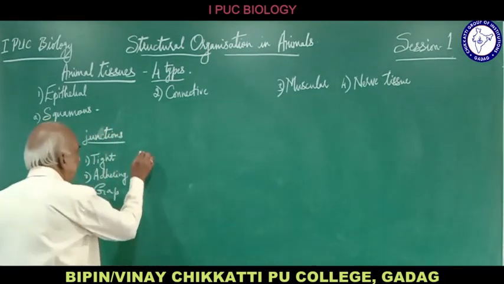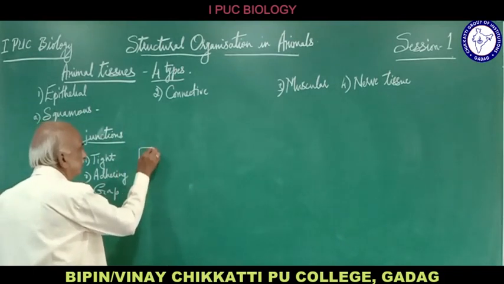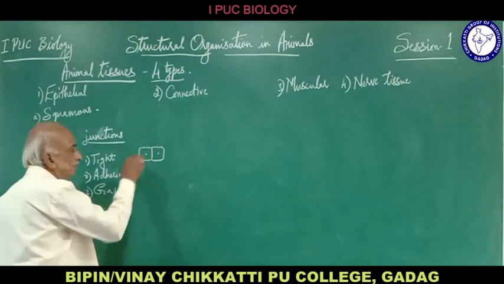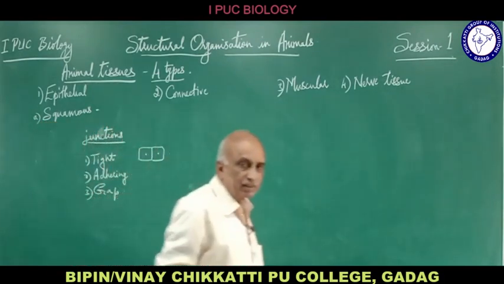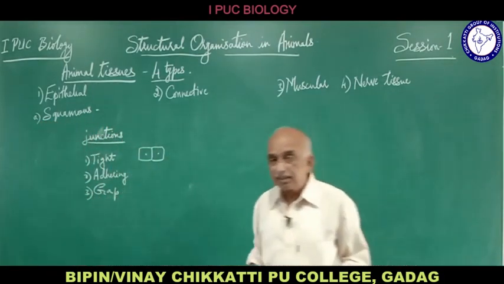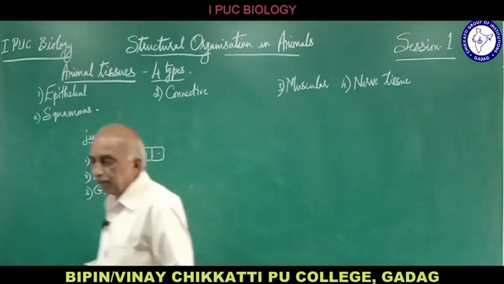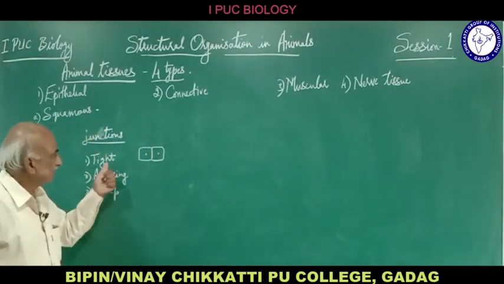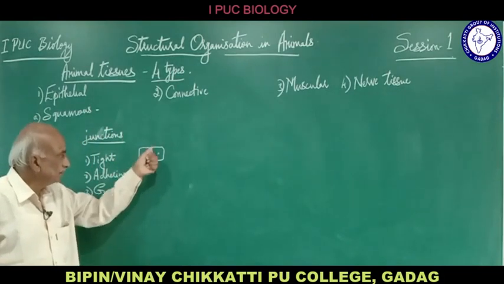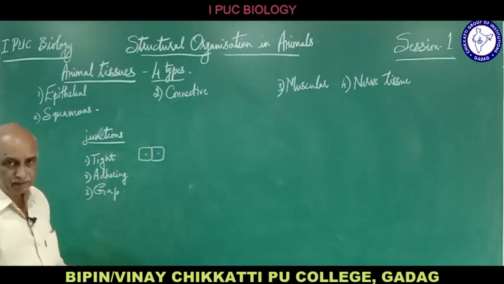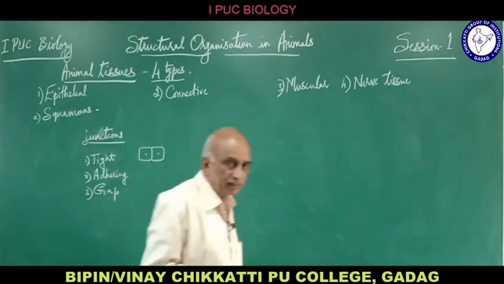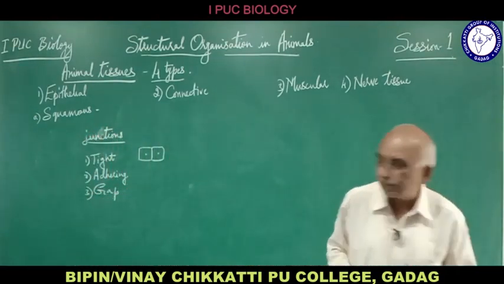Suppose this is one epithelial cell and this is another cell. These junctions are intermediate structures between the epithelial cells, in between the cell membranes, as there is no cell wall here.